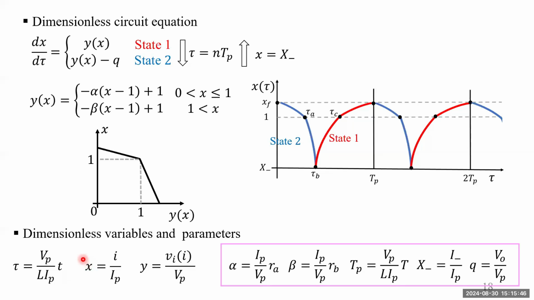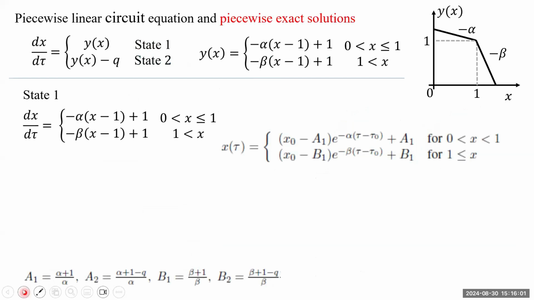Using these dimensionless variables and parameters, the circuit equation is simplified into this one. State 1, this equation; state 2, this equation. The major advantage is calculation using piecewise exact solutions. This is a piecewise linear equation. In state 1, the dynamics is described by this equation, and we can calculate.